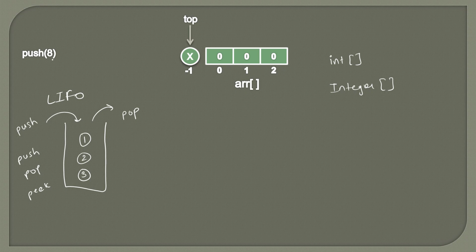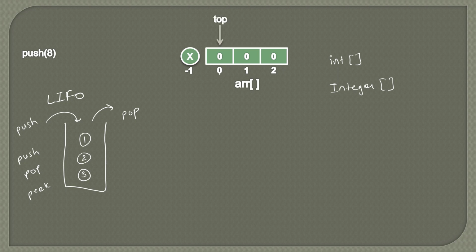Let's suppose we want to push element 8. We can insert 8 into this array at the 0th index, 1st index or 2nd index. At the start top is pointing to -1. Whenever we do push, we first increment top by 1. Currently the value of top is -1, and when we increment it by 1, it becomes 0.